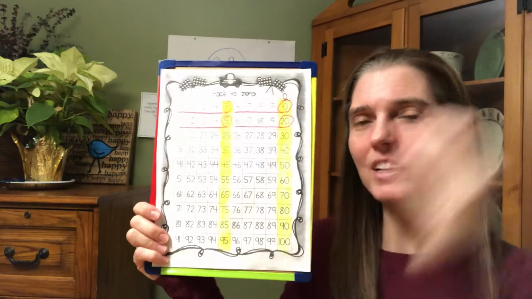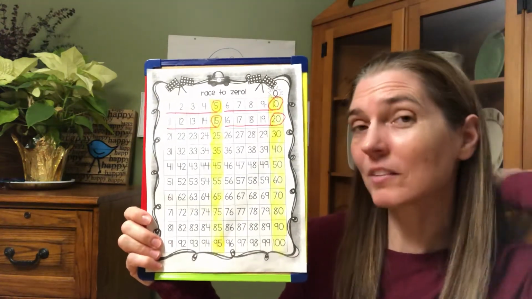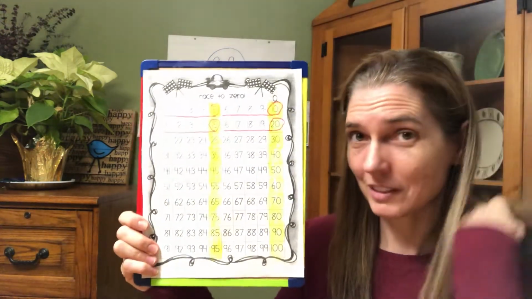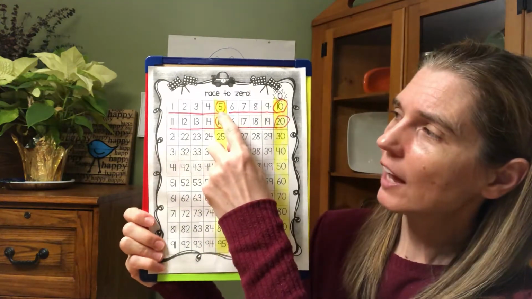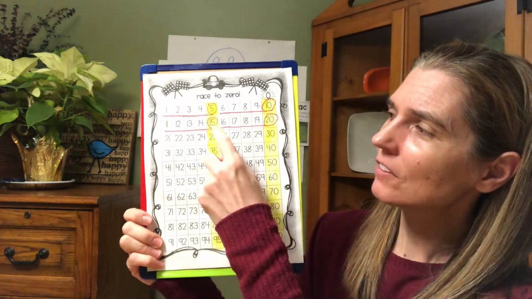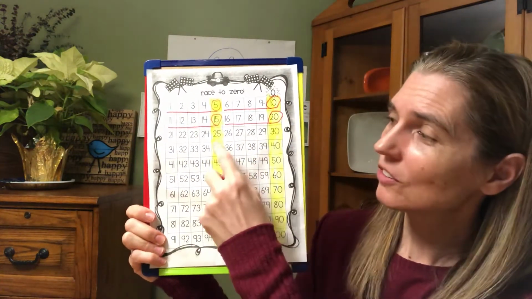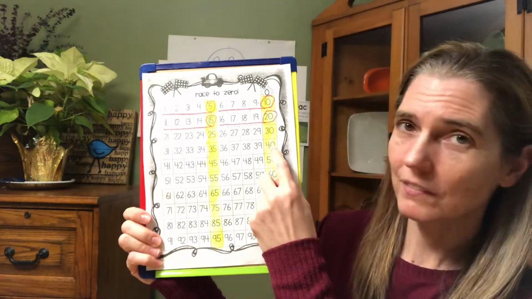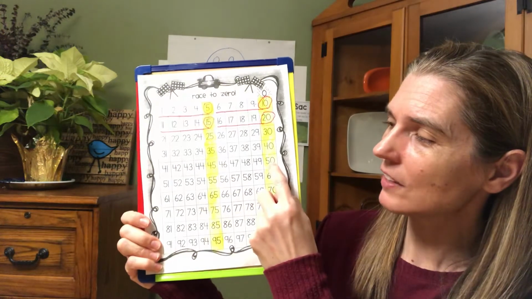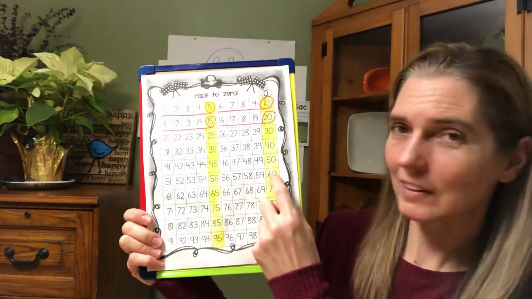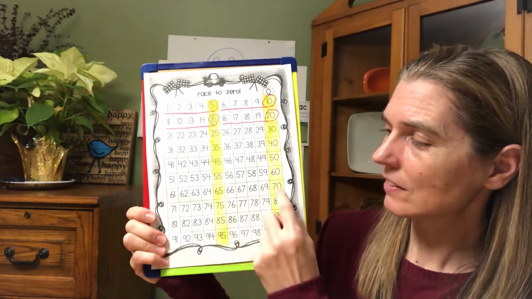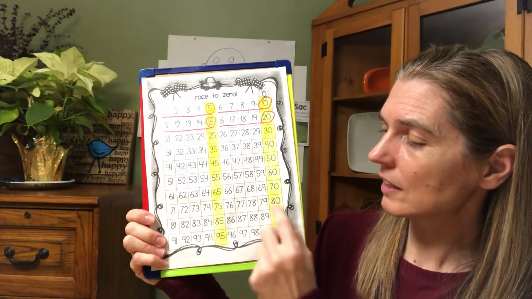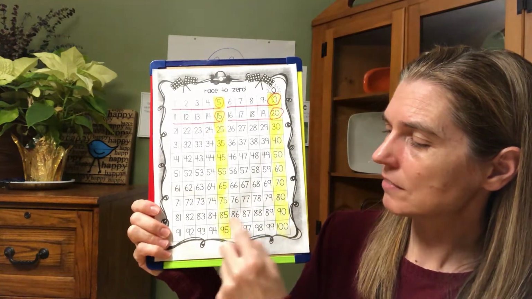Good, let's see if we can do it again one more time, and then I'm going to let you practice by yourself. Okay? 5, 10, 15, 20, 25, 30, 35, 40, 45, 50, 55, 60, 65, 70, 75, 80, 85, 90, 95, 100.